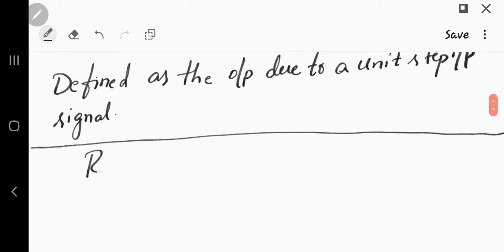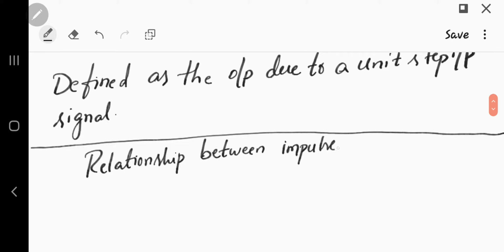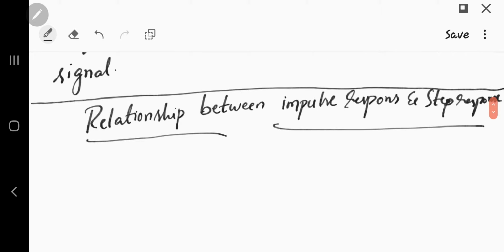In discrete time, the step response is the running sum of impulse response.